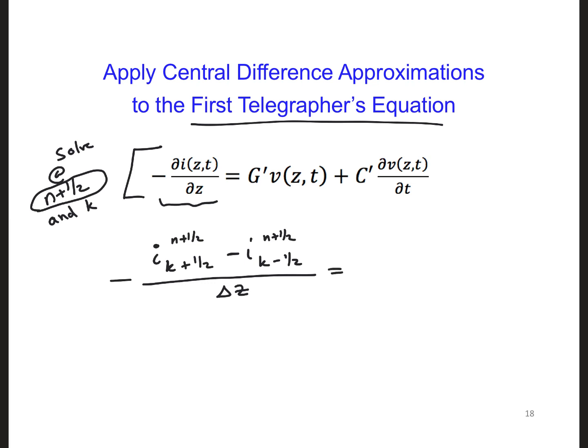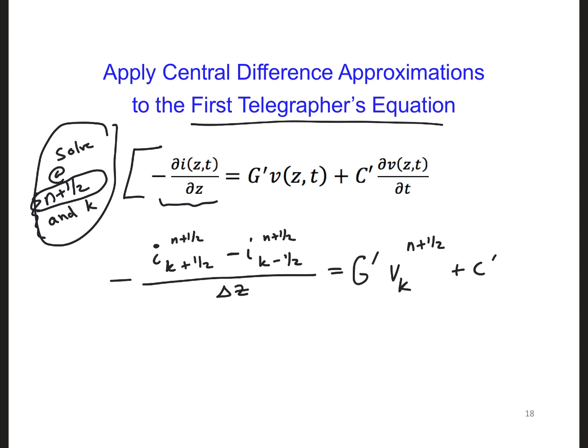That's going to be our approximation for the spatial derivative of the current at this location where we're solving this equation. And then on the right-hand side, we have G prime at that location. And we have the voltage, position k, n plus a half, because that's where we're solving this equation. And then we have C prime.